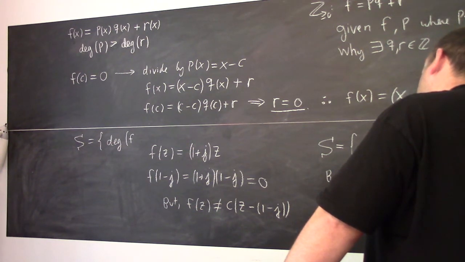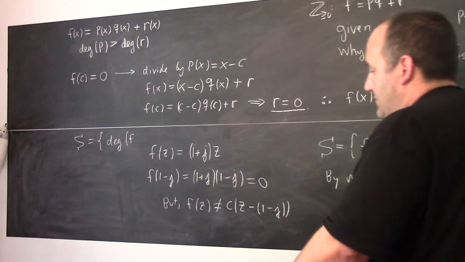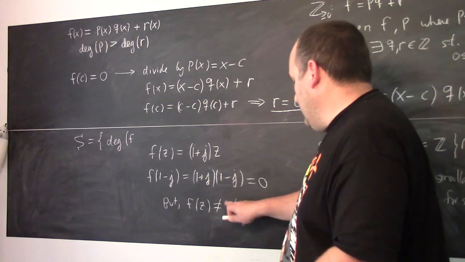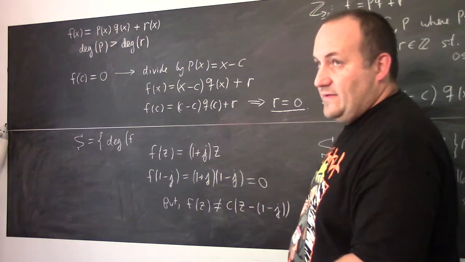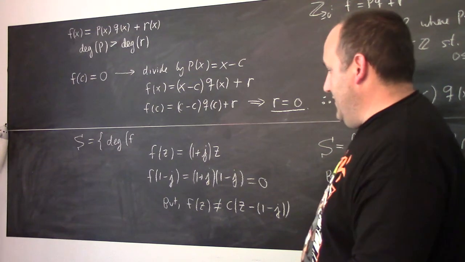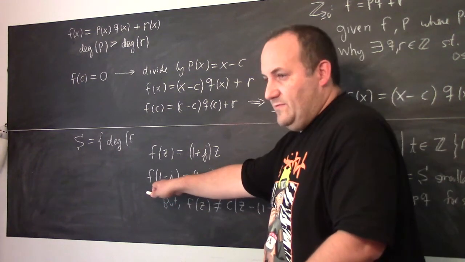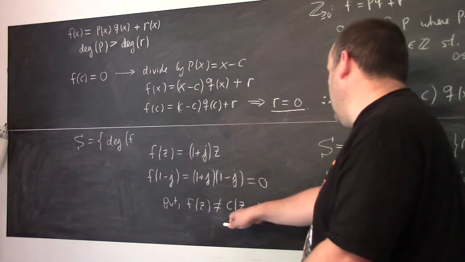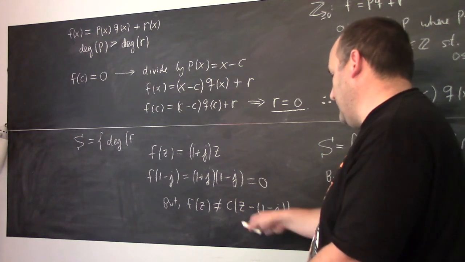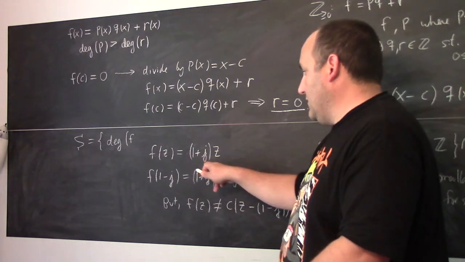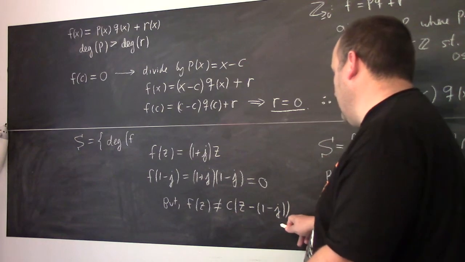The factor theorem says if f of a constant, in this case 1 minus j, is 0, then z minus the constant is a factor. Since this is a linear polynomial, the factor has to just be a constant.